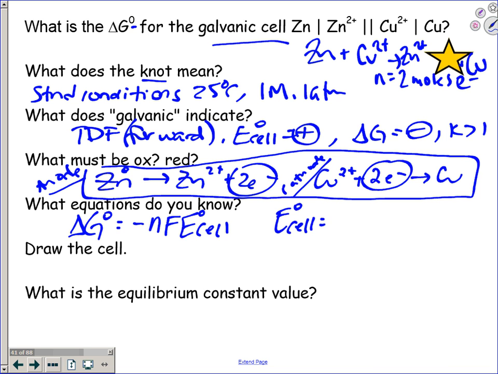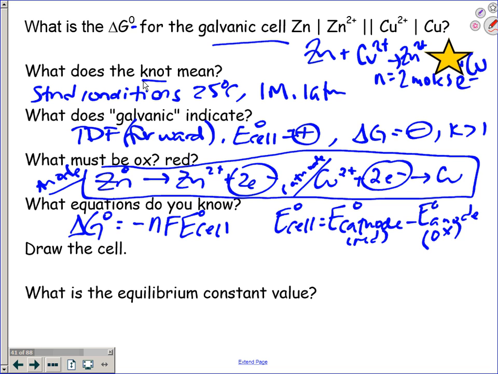So E cell is equal to E cathode, which is the reduced one, minus E anode, which is the oxidized one. Let me tell you those values just so you're not looking them up.